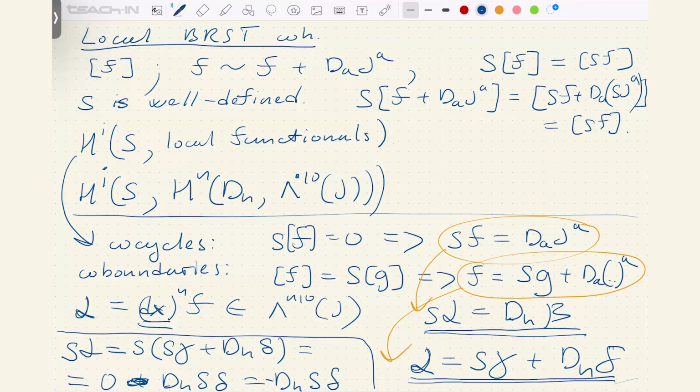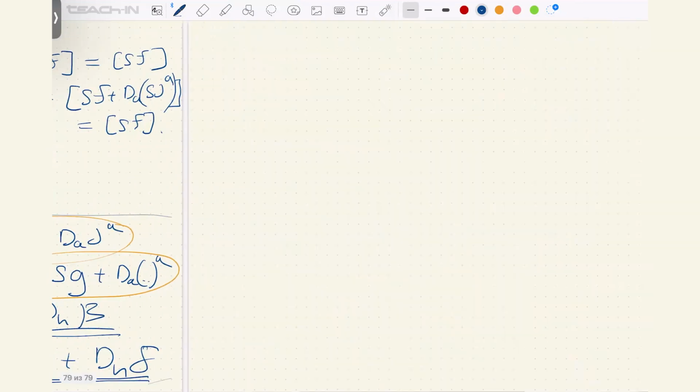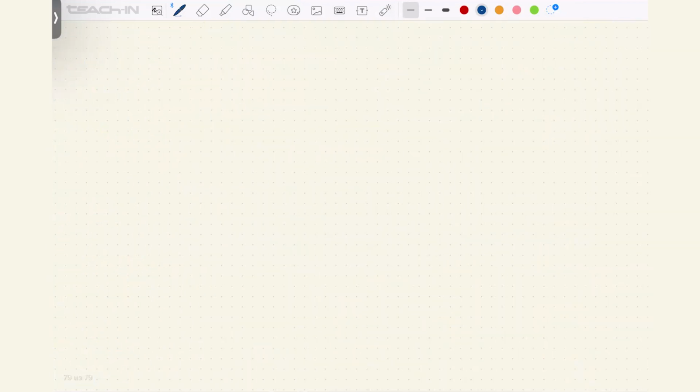So this trivial alpha is automatically a cocycle. So everything is well defined, and we have a definition of local BRST cohomology in terms of horizontal forms. Okay, then there is a useful characterization, another characterization of this cohomology, the total BRST complex.